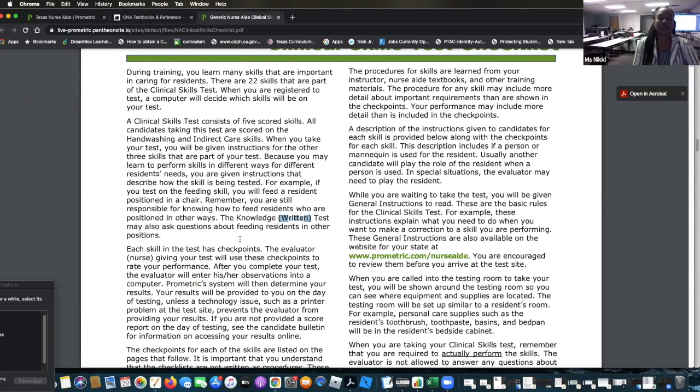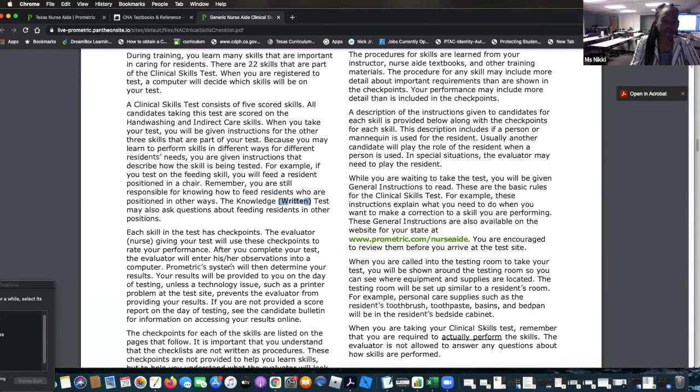They need to be in what's called a Fowler's position. Fowler's position is sitting up. If you're sitting in a chair right now, you are in a Fowler's position. There are different degrees to Fowler's, but if you're laying flat, you're laying flat. You're not in a Fowler's. As soon as you raise the head of the bed up, I don't care what degree, you are in a Fowler's position. So we want people in a high Fowler's position for feeding.